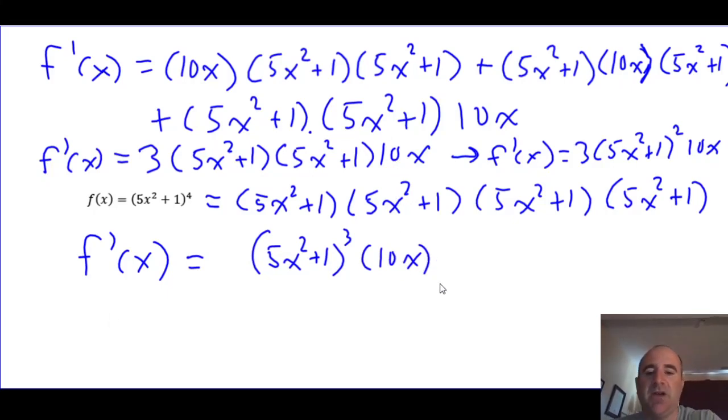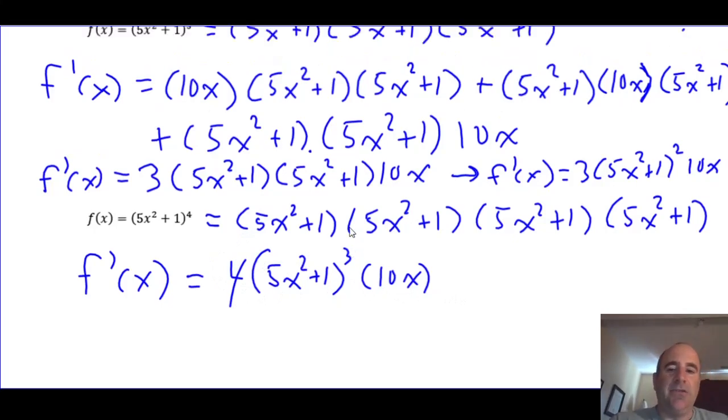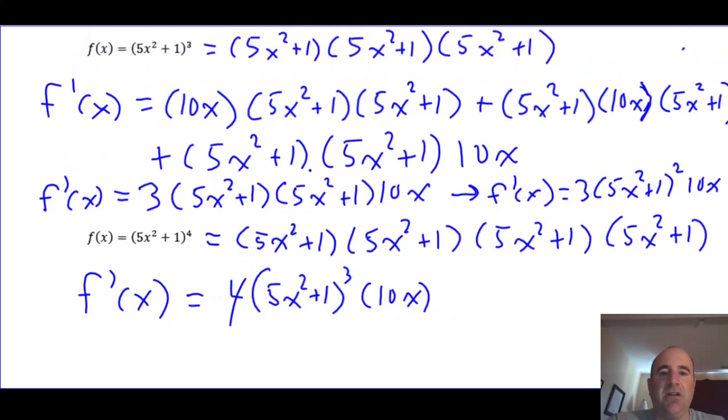But now you've got 4 of those instead of 3. And each time, just imagine again doing the first one, this would be 10x times that, times that, times that, which gives you this right here, but you get the same thing every time, so there's 4 of them.